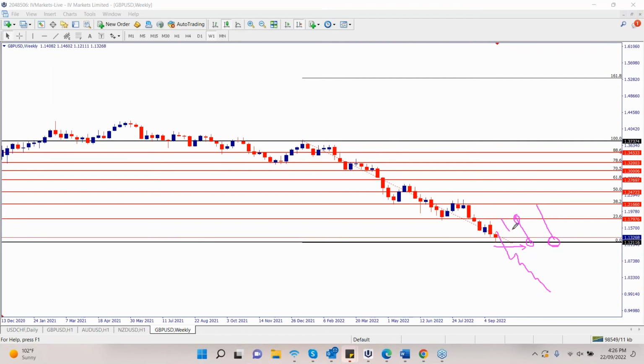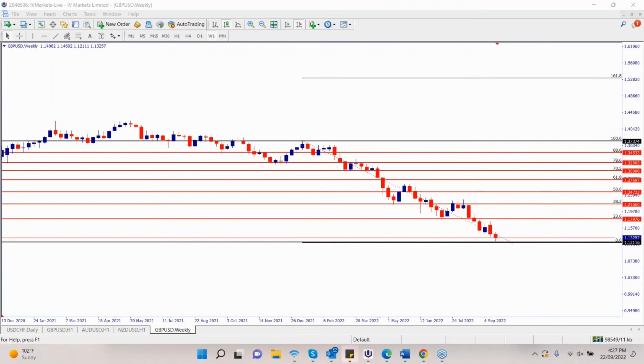And if the market rejects from this level, we have this room for the bearish momentum. And if the market is going to break this level, then it can go down. So this is how we enter the market using our Fibonacci tool.